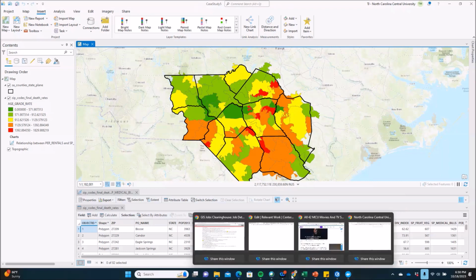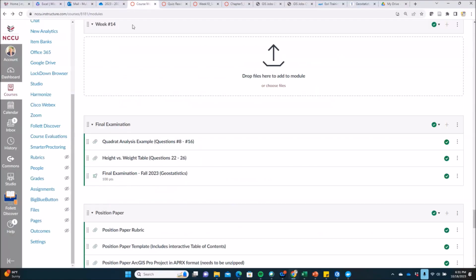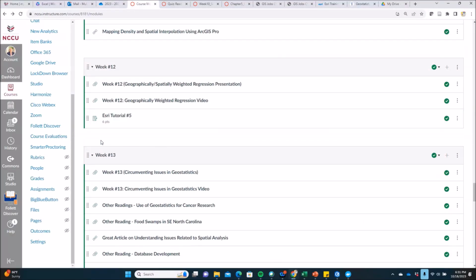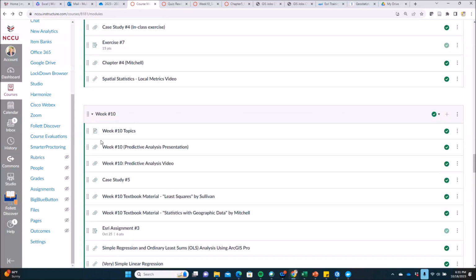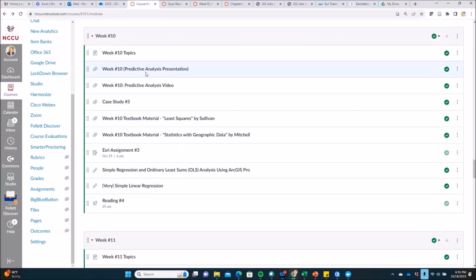If I go back to course materials, week number 10, we talked about predictive analysis, case study 5. I've got a couple of book things right here, an Esri assignment, reading number 4 that I'll talk about, and a couple of videos where I do very simple linear regression.